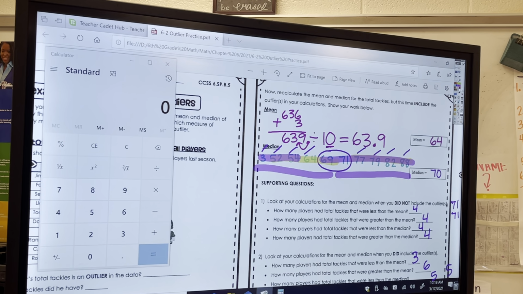All right, if we use the mean, it's 4 and 4, 3 and 6. If we use the median, we're 4 and 4 and 5 and 5. Which one more accurately gives us a middle number?